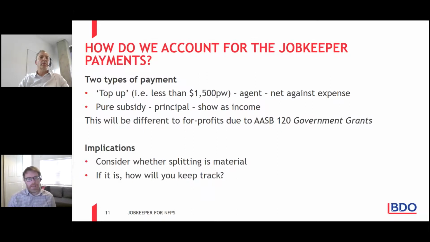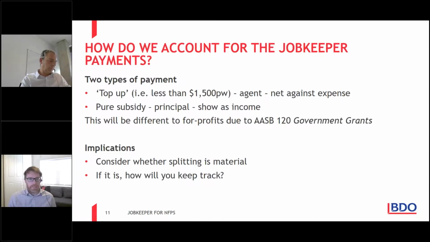The top-up potentially could be argued to be an agent type of arrangement. So you're almost just operating as a pass-through for the government. I think one of the ways they rolled this out, particularly for casuals, was taking the weight off Centrelink and saying, well, we can use organisations to pass through this $1,500. In that case, you're potentially not at risk for that payment.